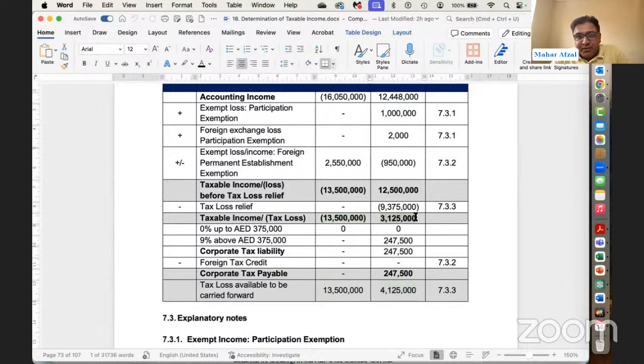This is the 25% of this year's taxable income. That's why I was saying a couple of moments before as well: at least you will be liable to pay tax on the 25% of your taxable income. This is 100%, 75% adjusted in the carry forward losses. 25% is there. You need to pay tax on the 25% of the remaining taxable income.